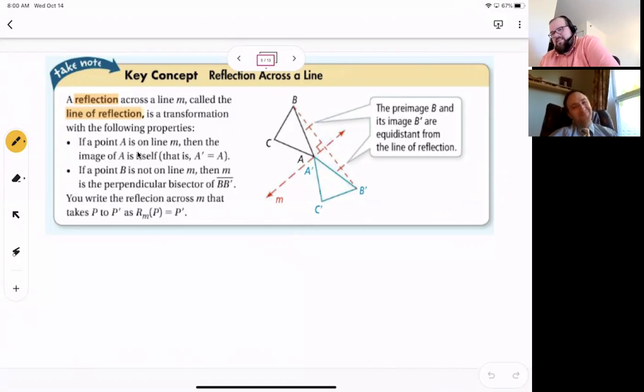That's super dense. All that's saying is that B is the same distance from this line as B prime. Also, we measure distance with perpendicular segments. Which I always remember because when you go to the doctor, they don't take the meter stick and put it 4 feet away from you and do this weird diagonal thing to you. It's right up and down. So that's how they measure your height or your distance.